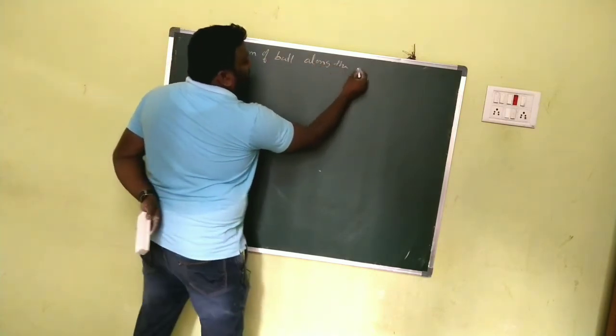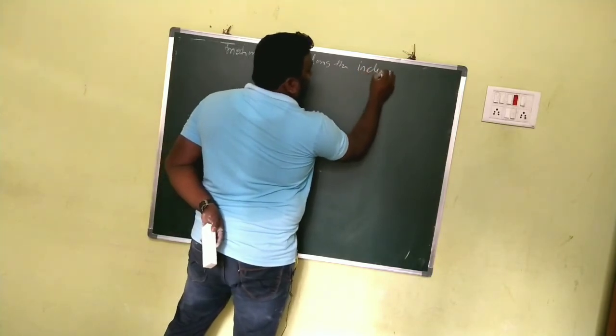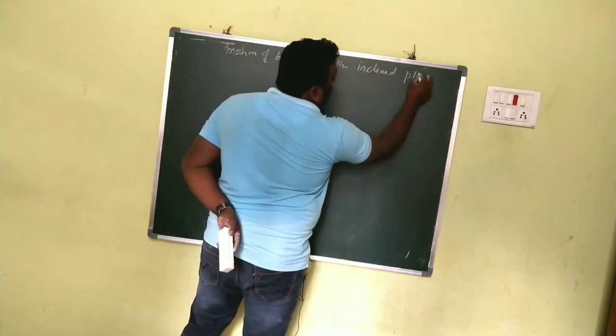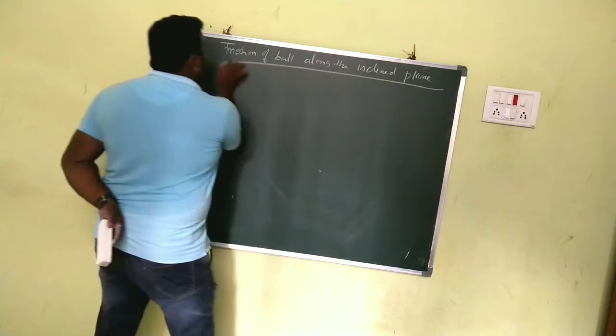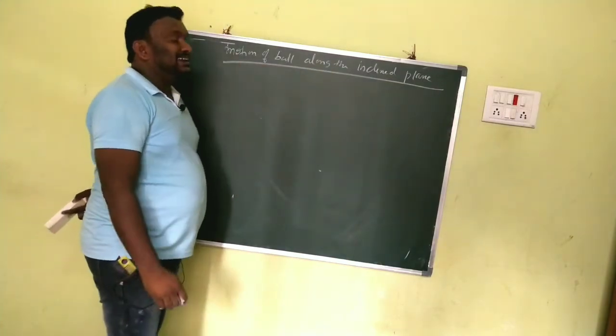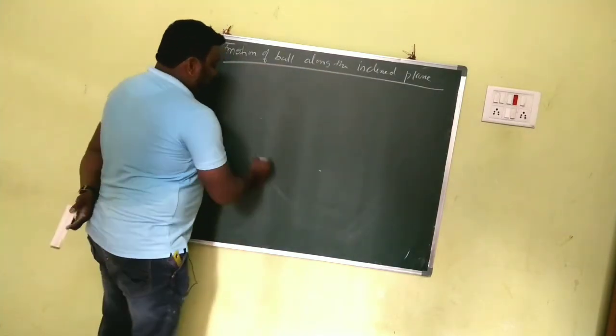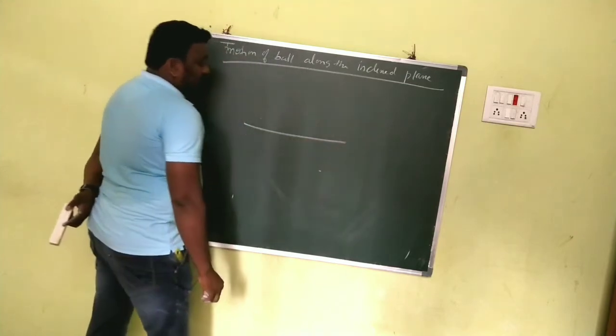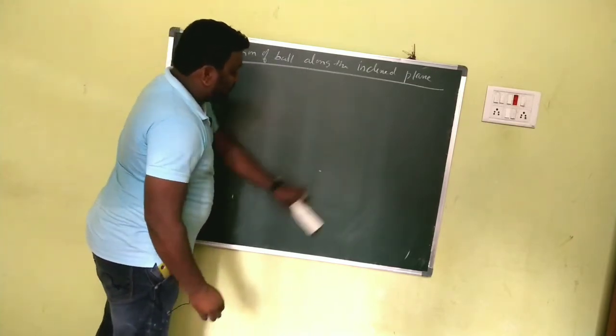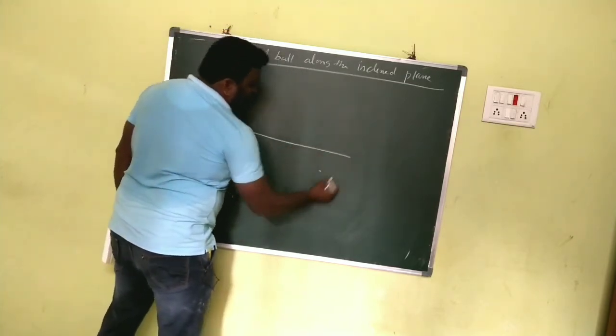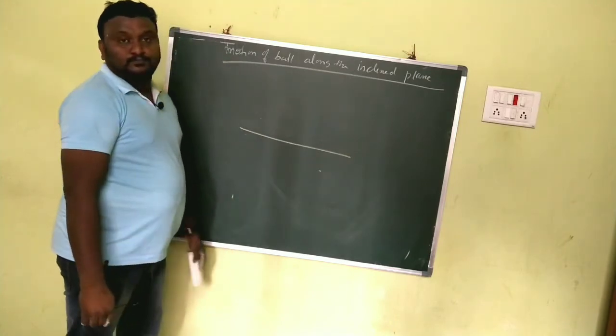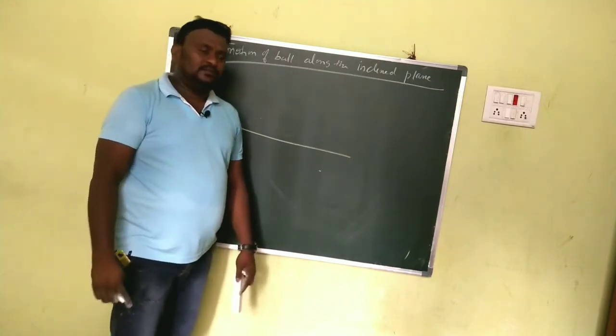Motion of a ball along the inclined plane. So children, now this is the horizontal line. I am drawing it, this is the horizontal line. What is an inclined plane?